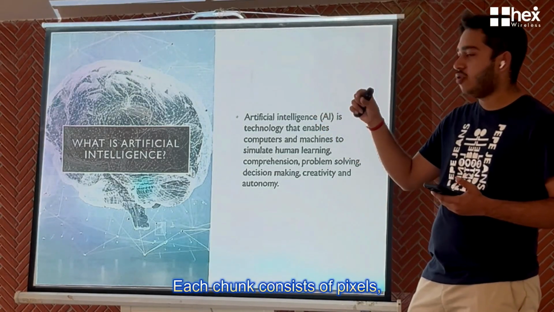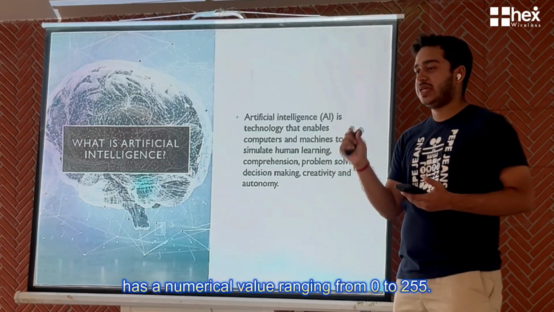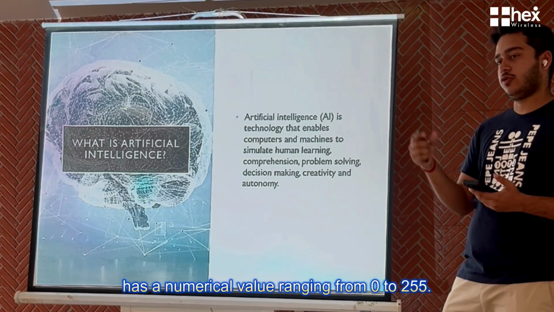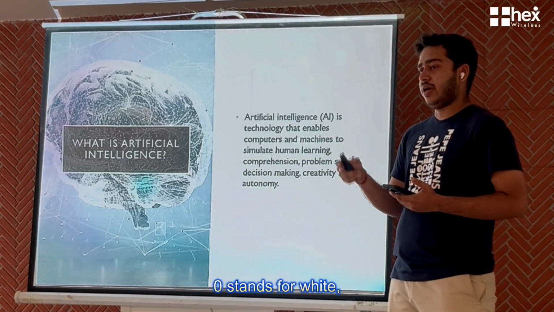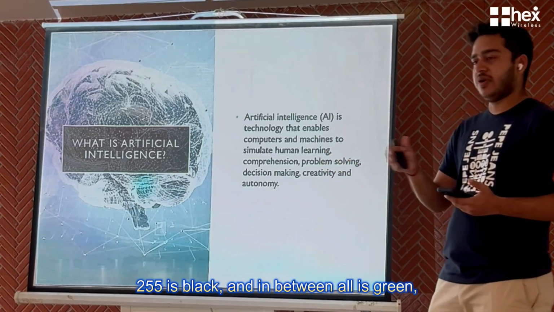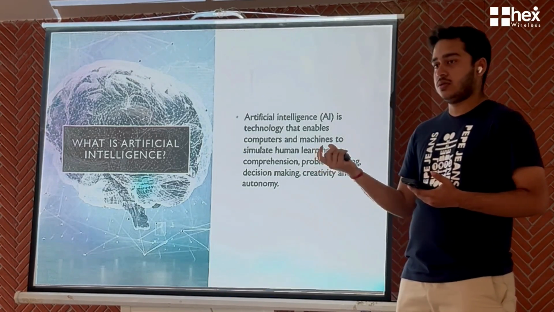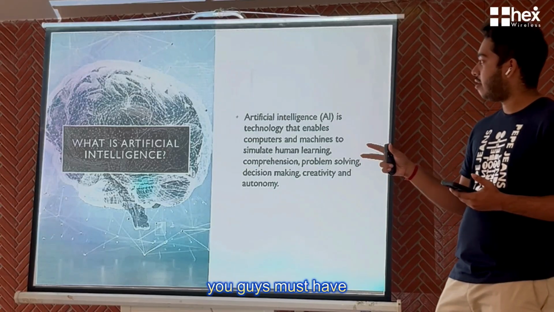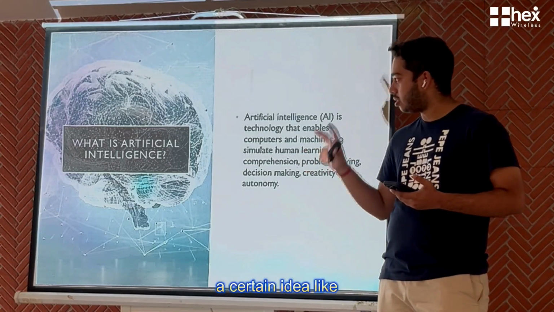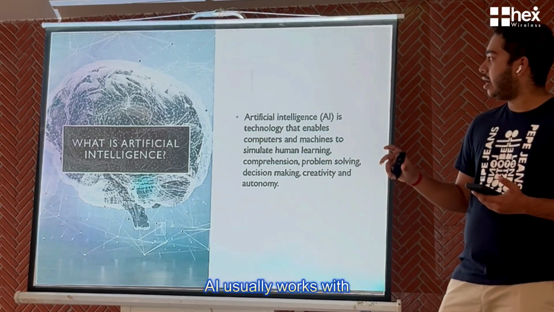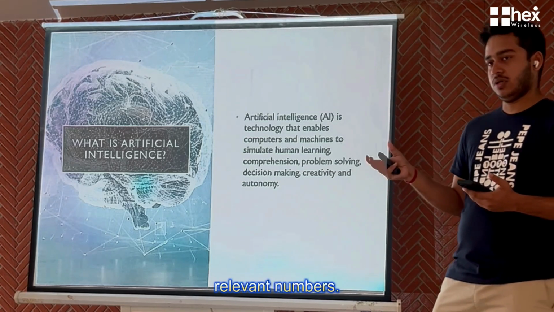Each chunk consists of pixels, and each pixel has a numerical value ranging from 0 to 255. 0 stands for white, 255 is black, and in between all is gray, right? So again, numbers. You must have gained a certain idea, like AI usually works well with numbers.